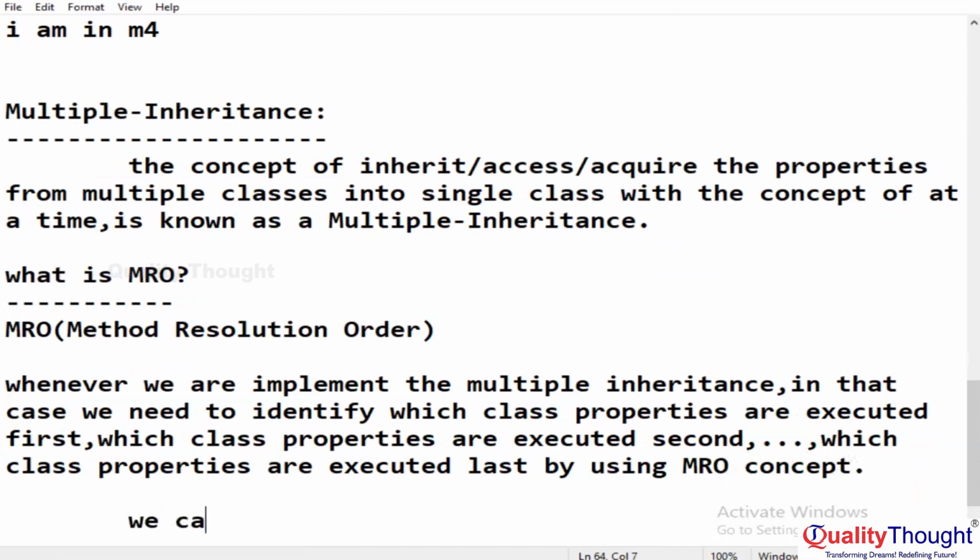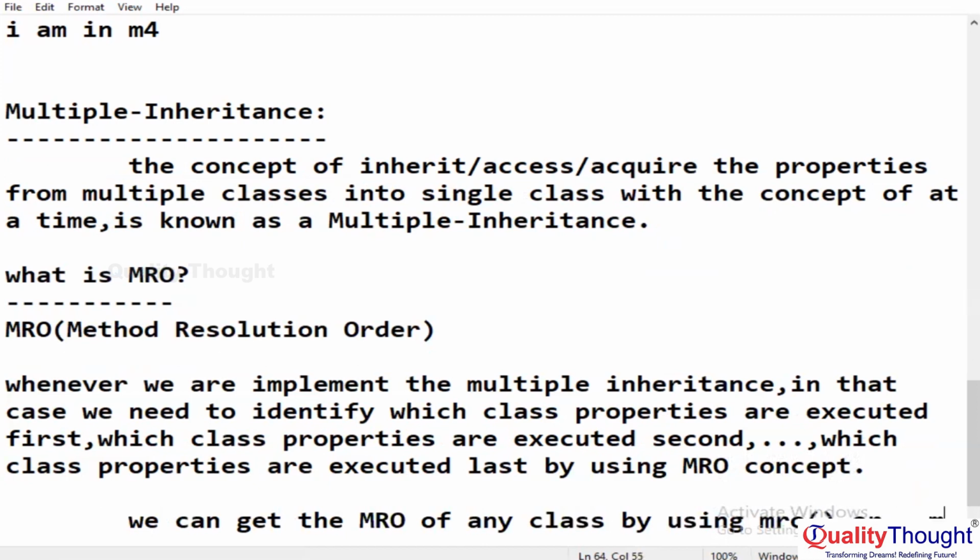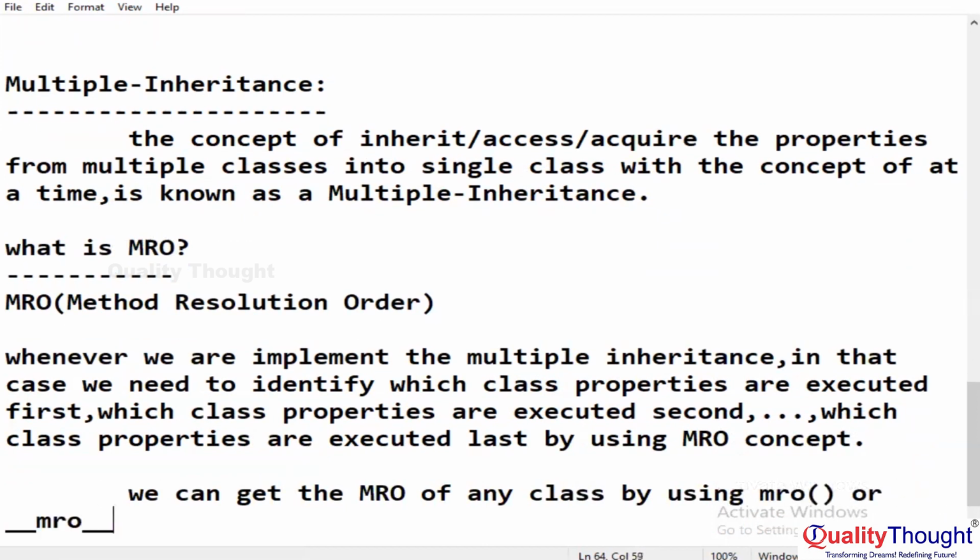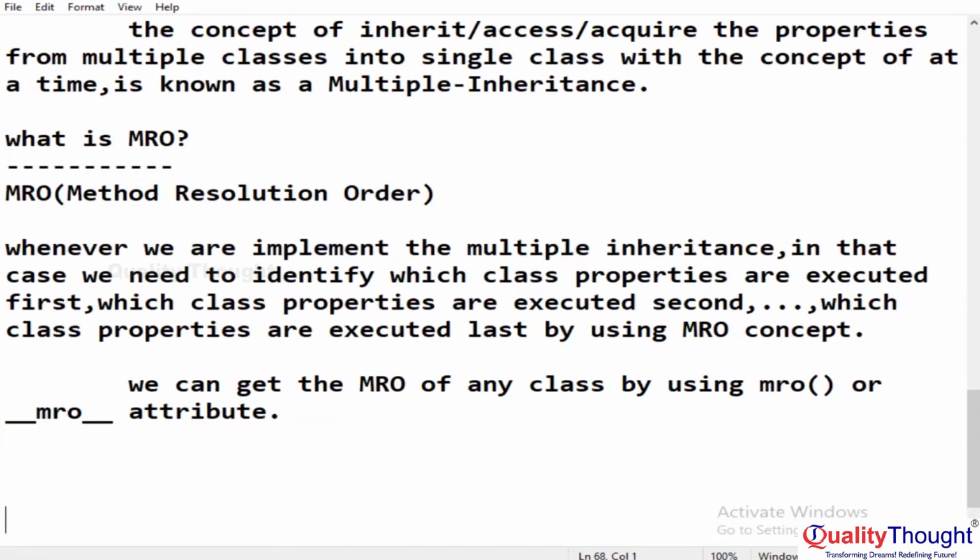We can get the MRO of any class by using the mro method or the __mro__ attribute.